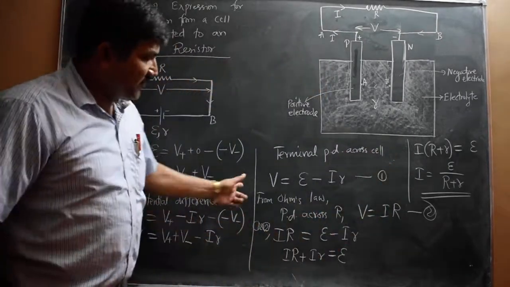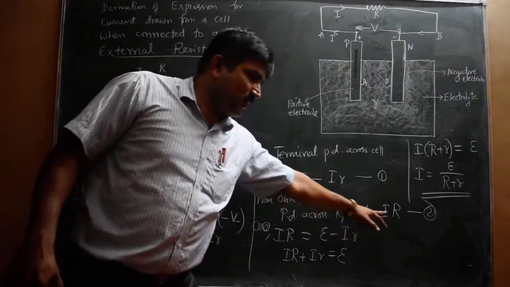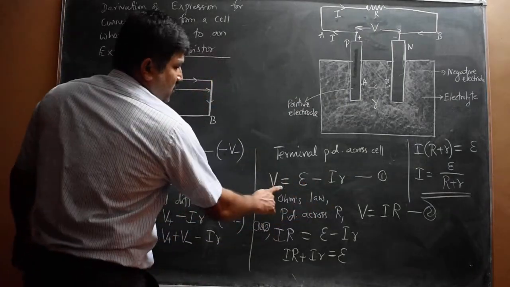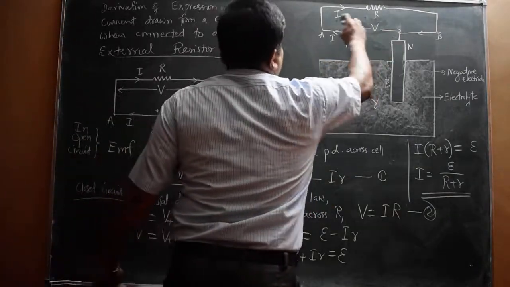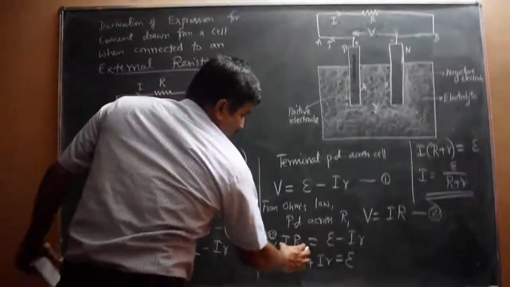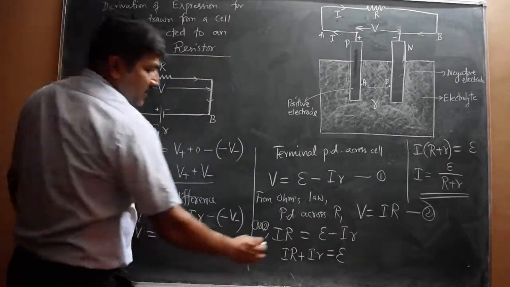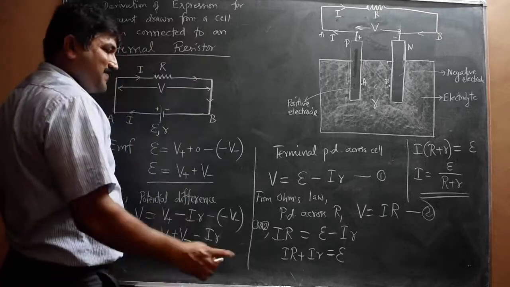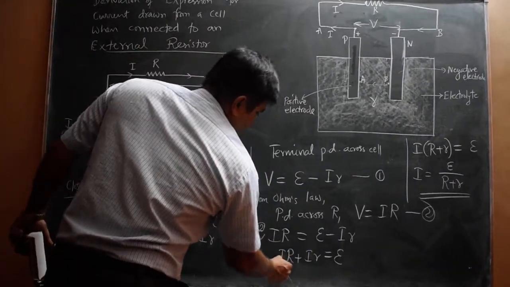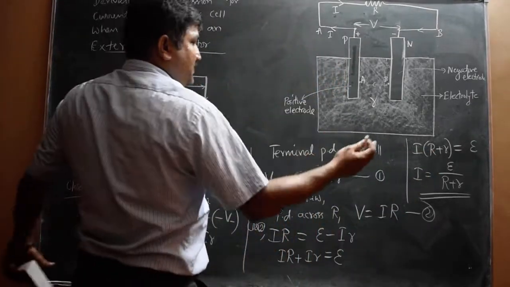Next, from Ohm's law, the PD across the external resistor R is V equal to IR, equation 2. Comparing equations 1 and 2, the terminal PD across the cell and the potential drop across the resistor are the same. So IR equal to epsilon minus Ir, bringing minus Ir to the LHS, IR plus Ir equal to epsilon, that is EMF, and I is common in both terms. Taking it out, we get I times R plus r equal to epsilon.